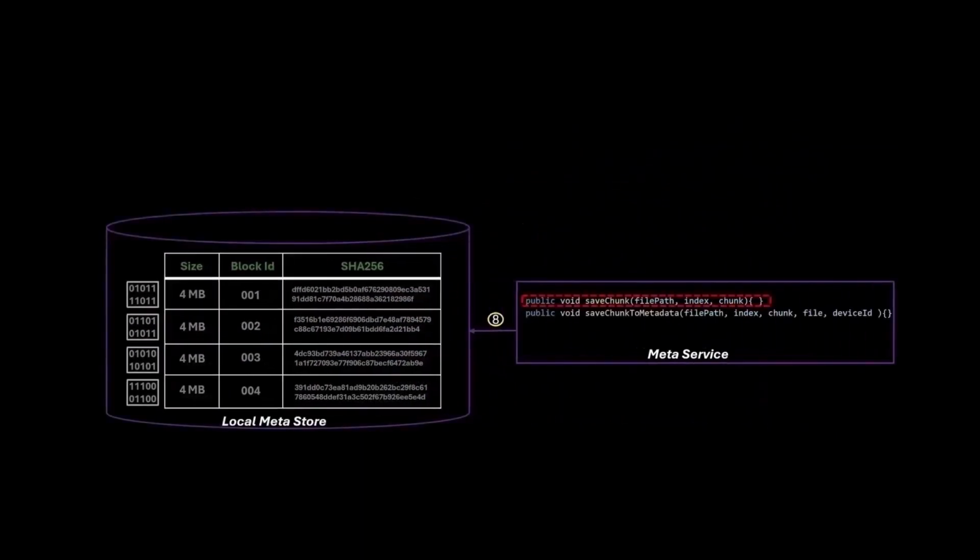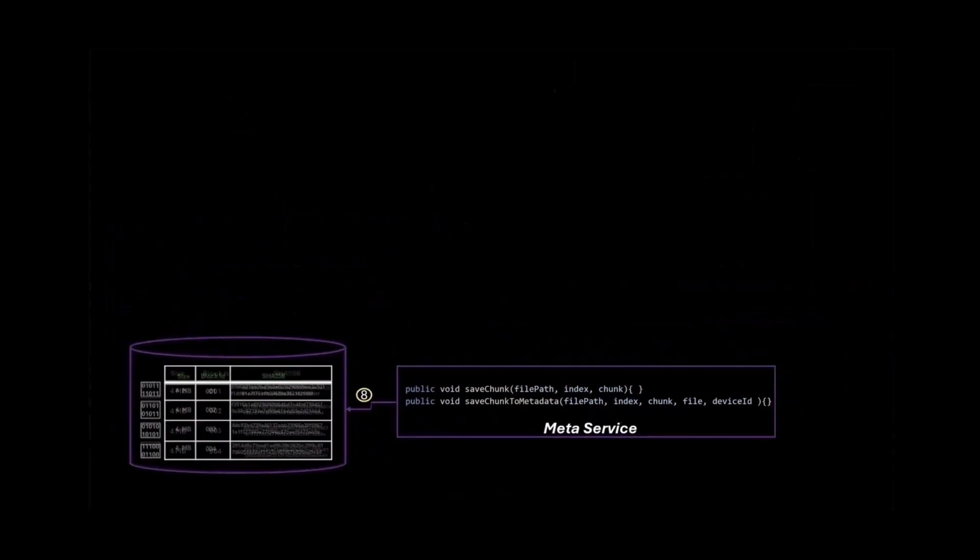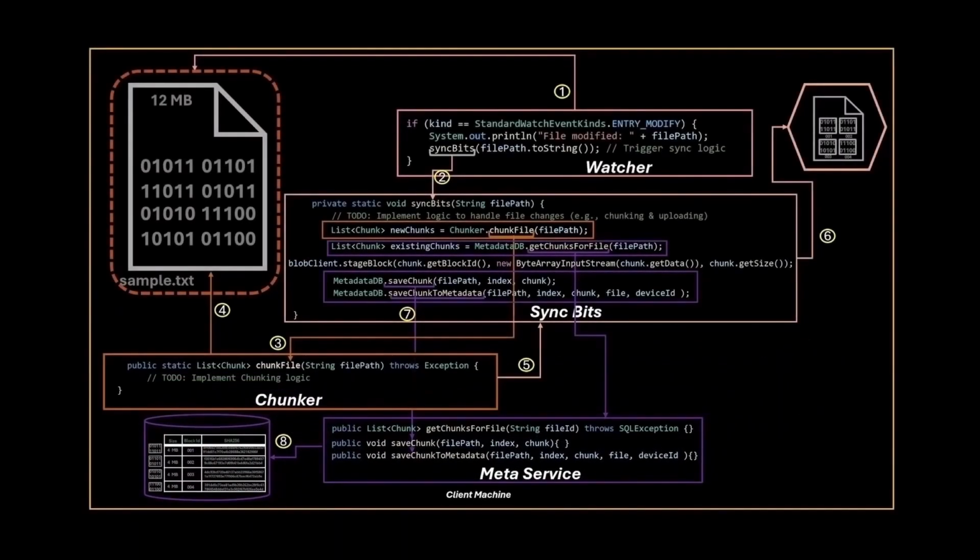And then the meta service, at the end of the for loop, will save each and every chunk to the local meta store. And this is what is happening inside step number 8, where the sync bit service is iterating every object of the new chunks list sent by the watcher, and then sending each and every chunk to the meta service. It is calling the save chunk method, and with the save chunk method, the meta service is saving each and every chunk to the local meta store.